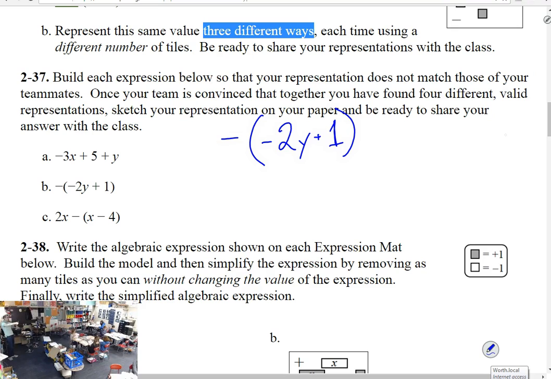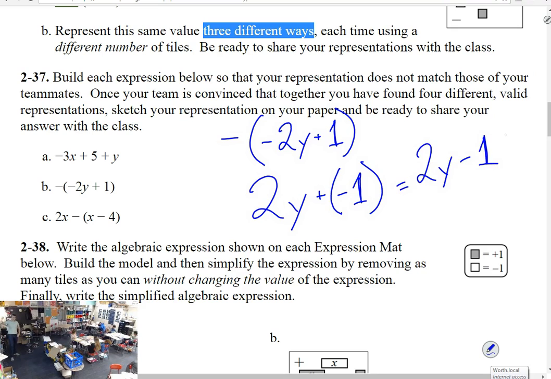If I bring them up to the positive side, what do they turn into? 2y and a negative 1, exactly. So that's another way we could write it. We could write it as 2y minus 1.